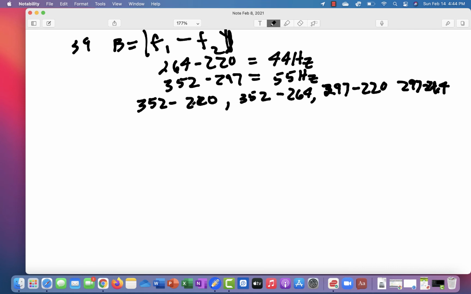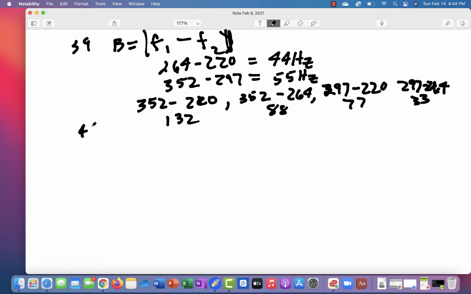So this is 132, 88, 77, and 33. Now, that's why when all these notes are played together, you don't hear it, because these are all jumbled together in such a way that you can't hear the various beat frequencies.